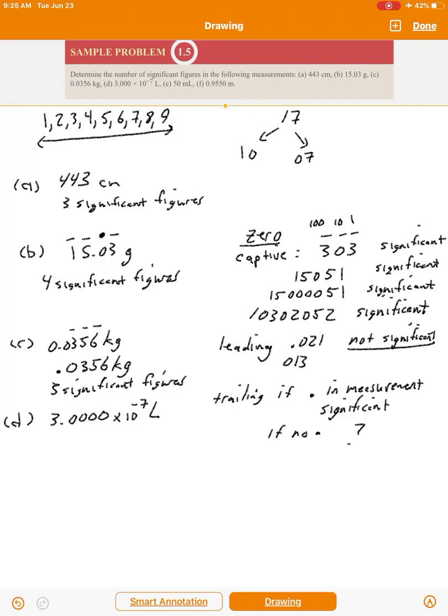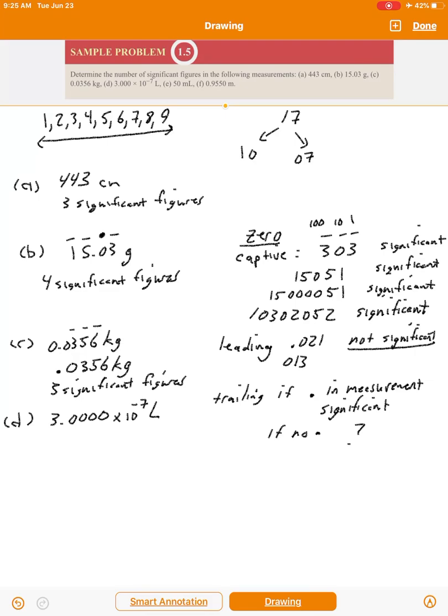We don't know whether they're significant. Okay? That's an important point. If a decimal point is shown, they are significant and they count. Doesn't matter how many are there. 1, 2, 3, 4, 5, 6, 7, 8. They all count.